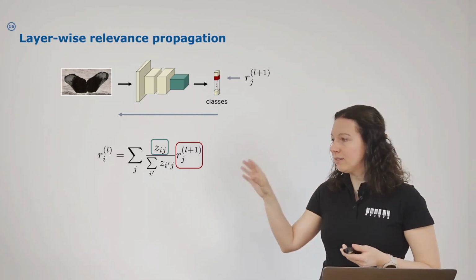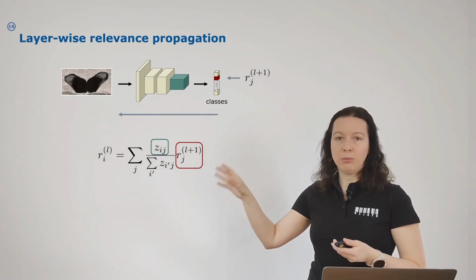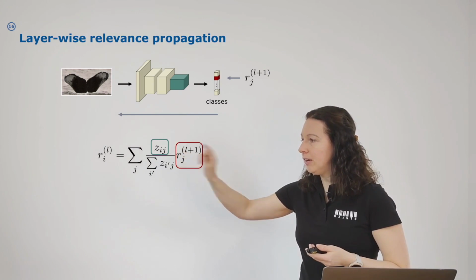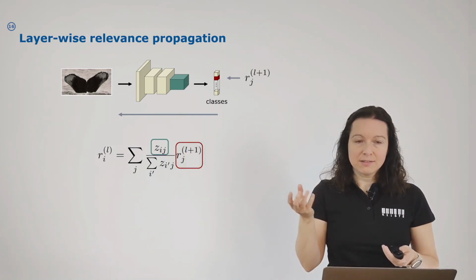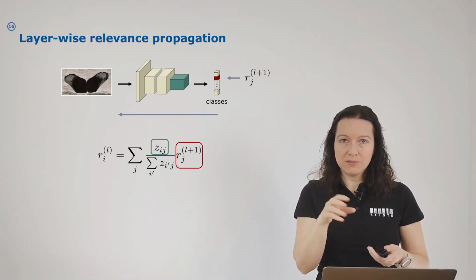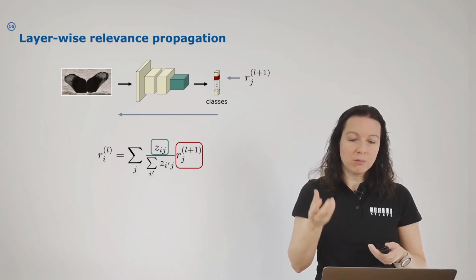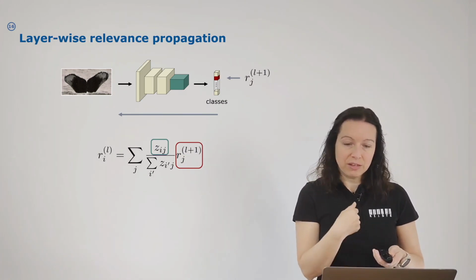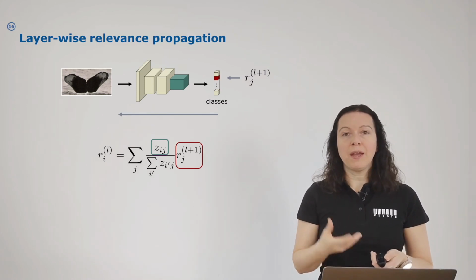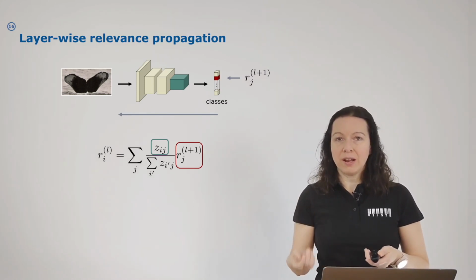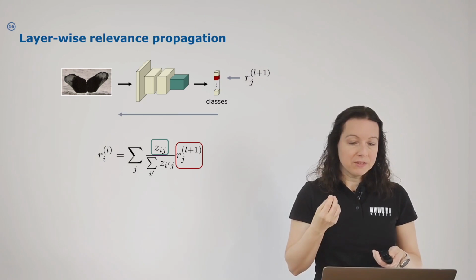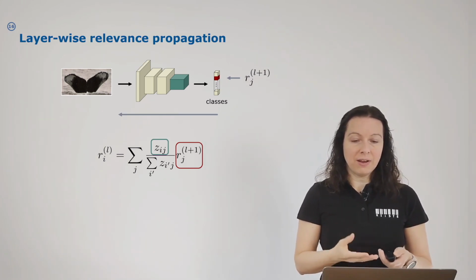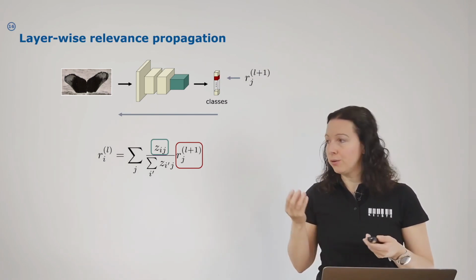So what does this equation actually mean? Z for now is nothing specific. It generally represents how much a neuron I in the previous layer contributed to make a neuron J relevant. So the Z of a specific neuron is divided by the sum of Z over all neurons in this layer.